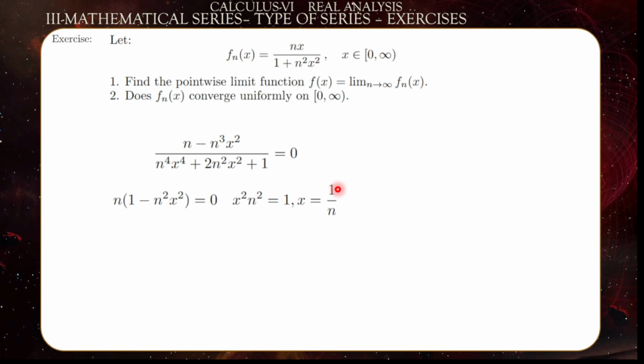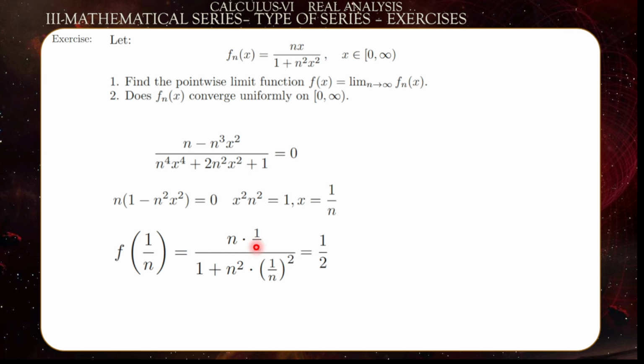So for x equals 1 divided by n, let's check what the value of f_n(x) becomes. So f_n(1/n) is equal to n multiplied by 1/n, replacing x by 1/n, divided by 1 plus n squared multiplied by x squared, which is 1 divided by n squared.